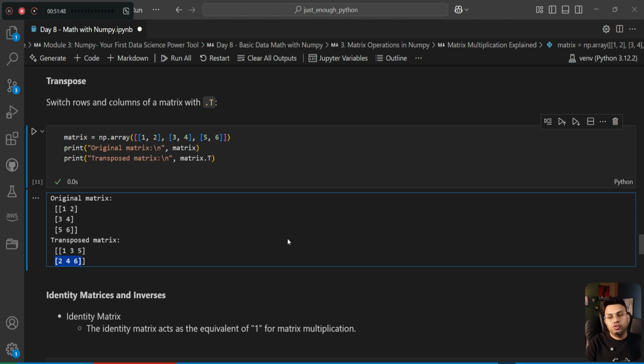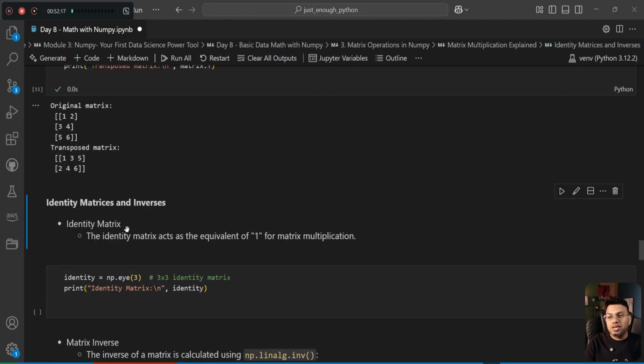This is transpose. Now let's look at the concept of identity matrices and inverses. So what is an identity matrix? The identity matrix acts as the equivalent of 1 for matrix multiplication. Now if you compare it with normal multiplication, when you multiply any element with 1, what do you receive?